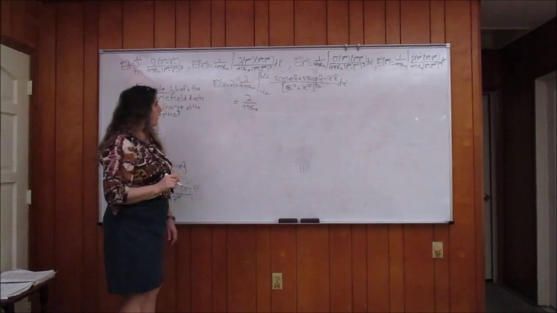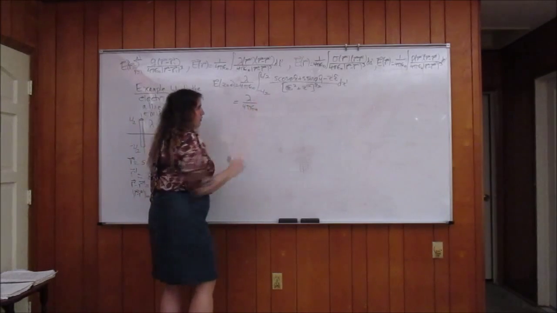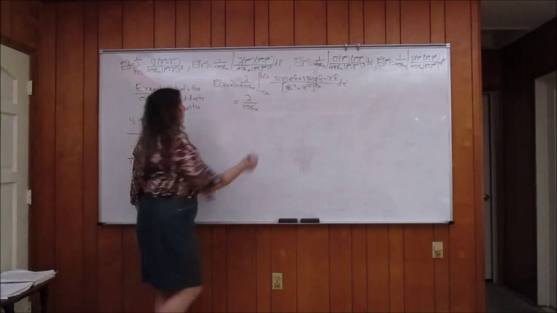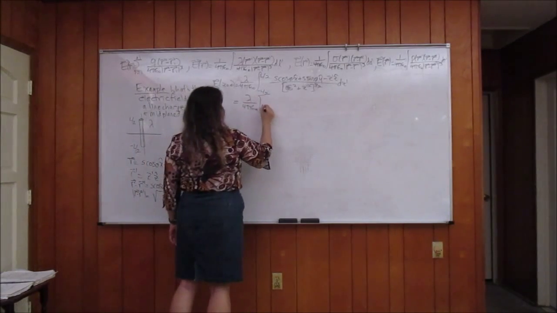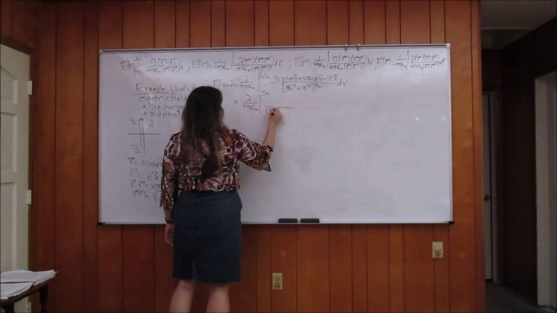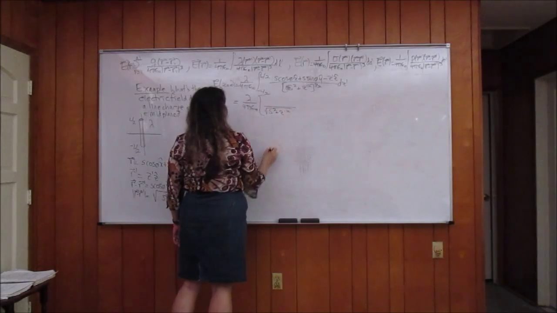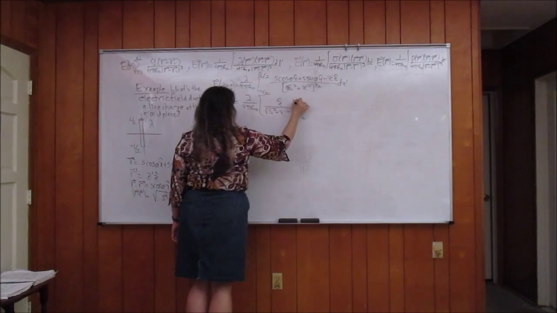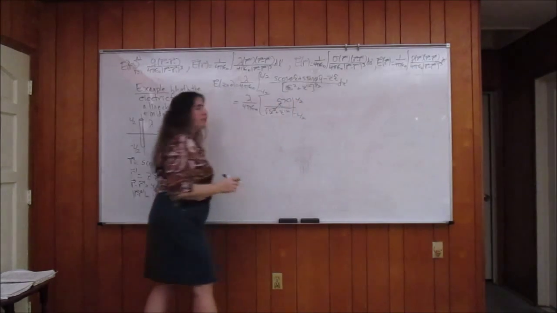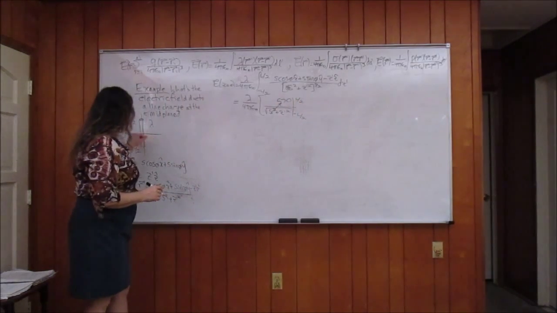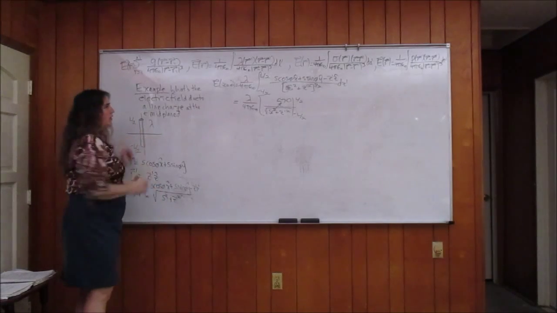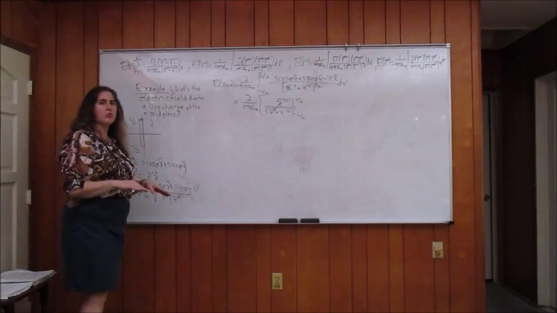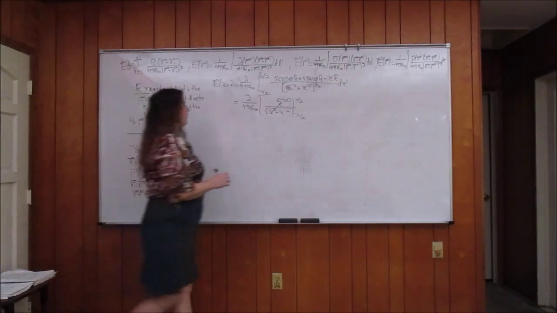We have lambda over 4 pi epsilon naught out front. I'm going to evaluate the z direction term first. That term goes to 0. So what you see is that along the midplane, the electric field is going to be pointing either in the x, y direction or some combination thereof.